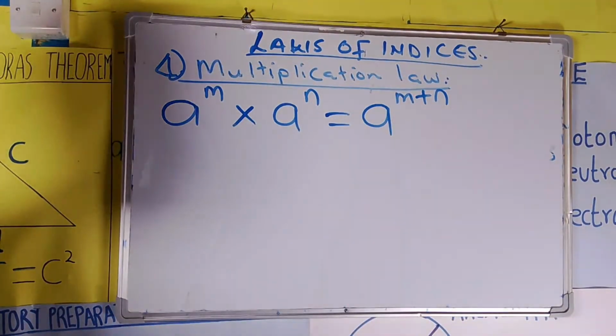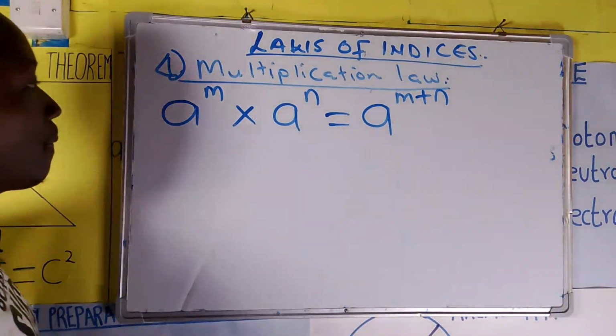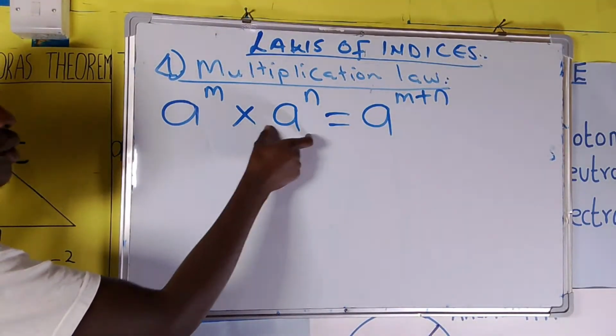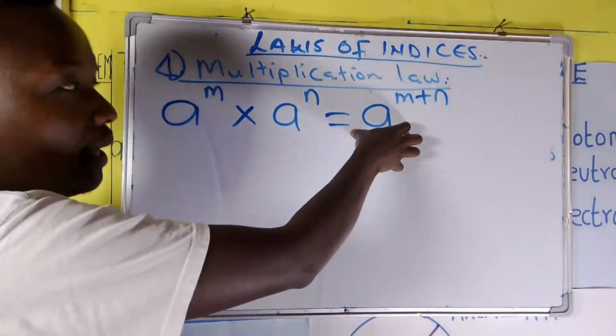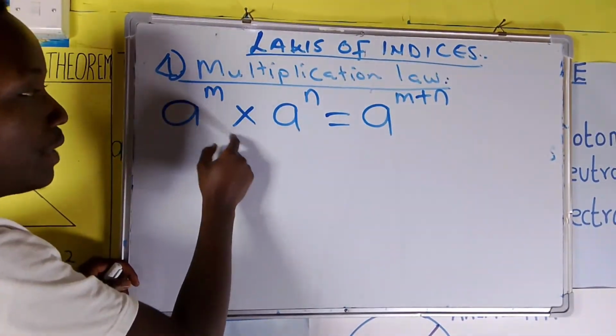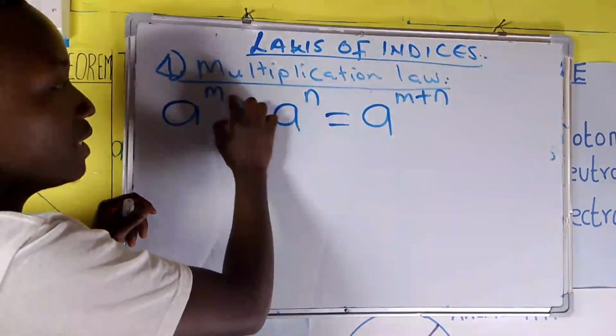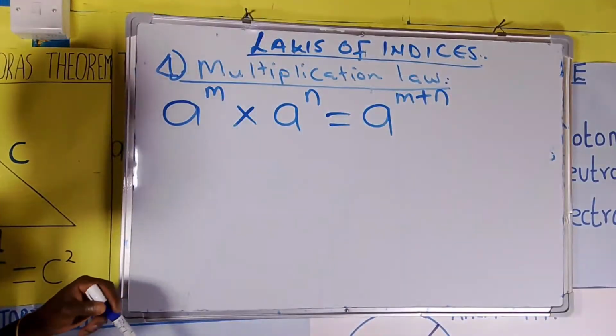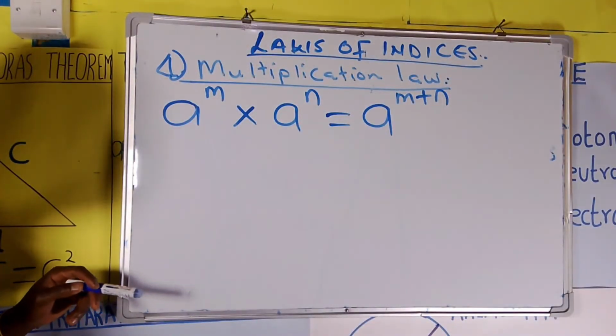I want to demystify this. When the base is the same and we are multiplying, we add the powers.